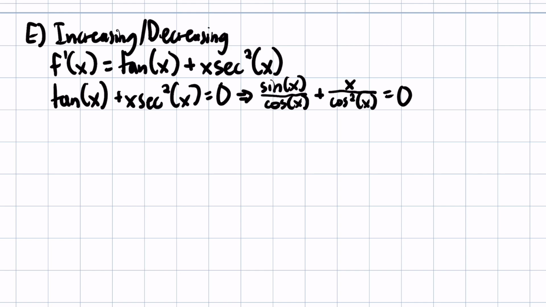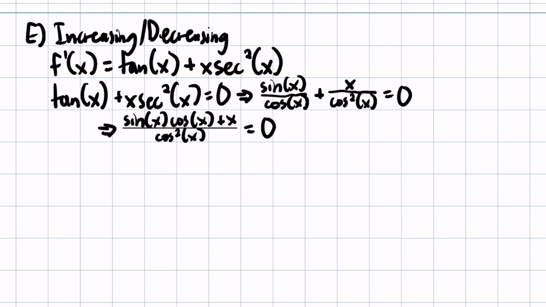So what we can do is multiply sine x over cosine of x by cosine of x over cosine of x, and then combine based off of having a common denominator. So this is going to become sine of x cosine of x plus x over cosine squared x equals 0.